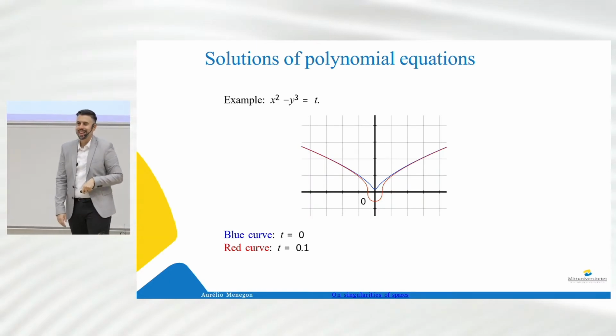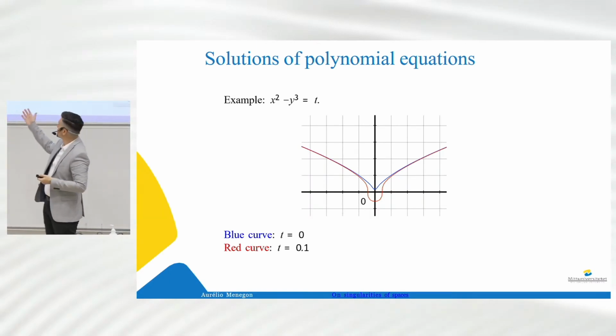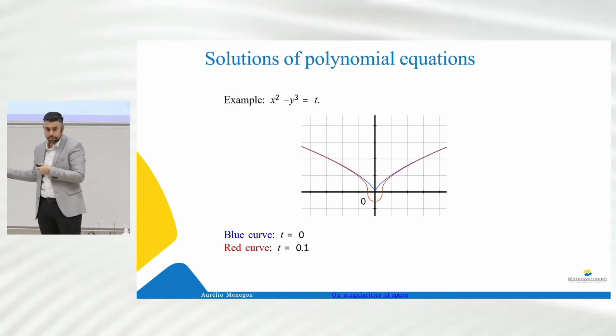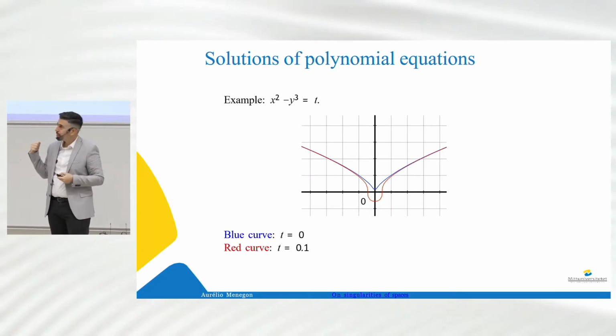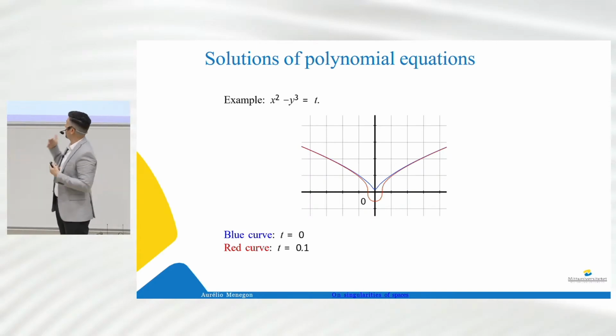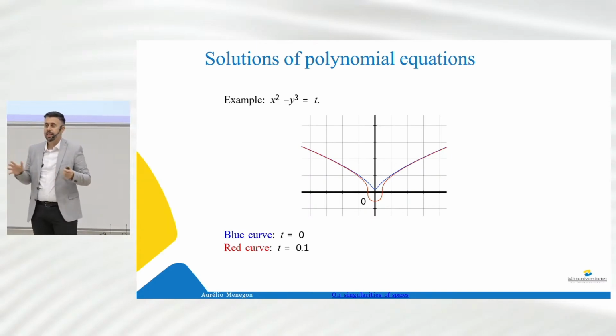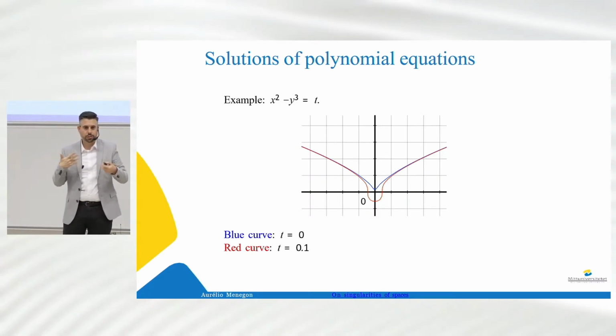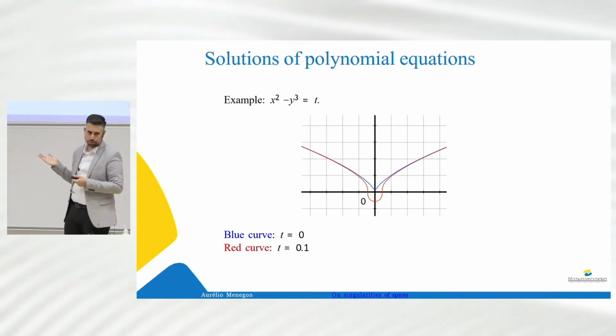So you see, the solution set, of course, depends on t. And you can see that there is a very clear difference in the nature of the shape of these two curves.